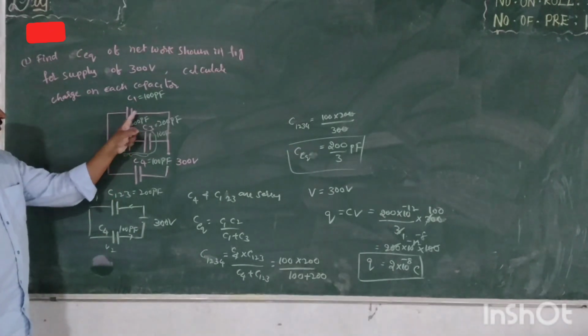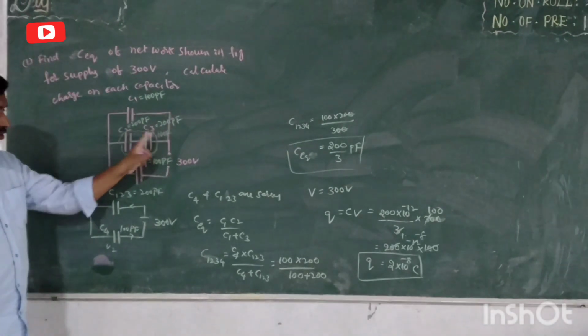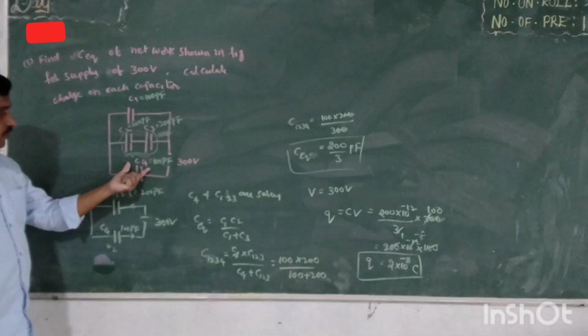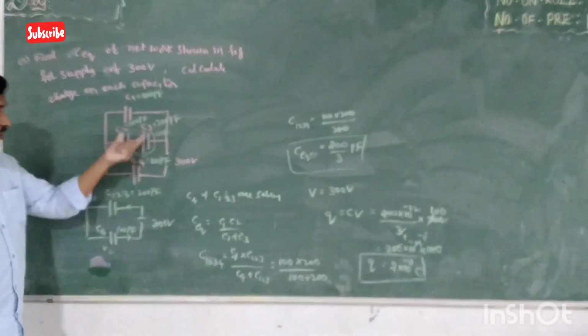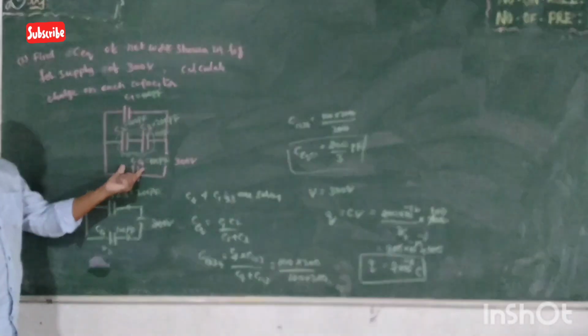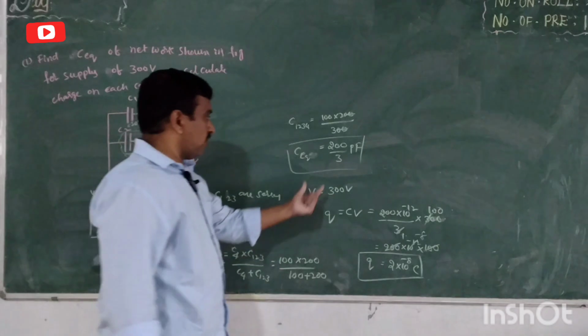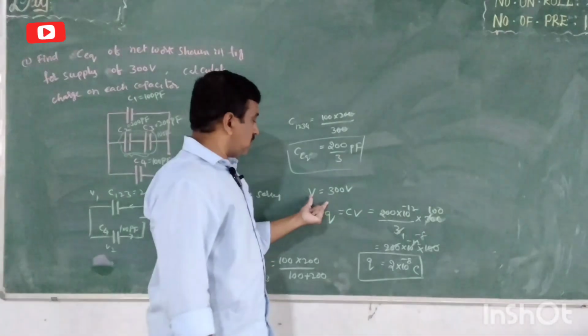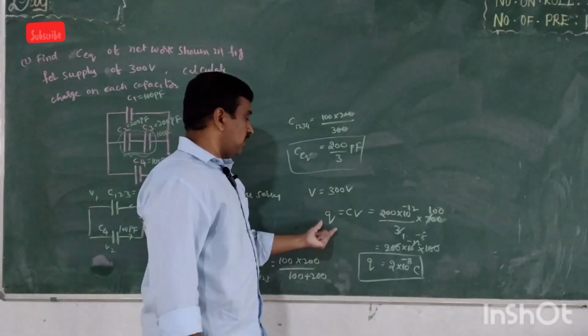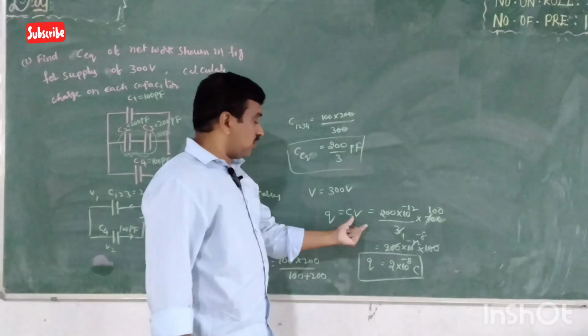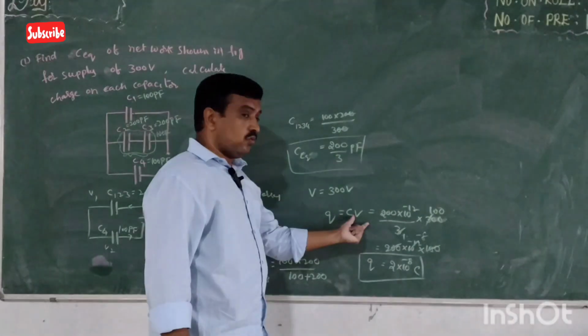For this 100 picofarads and this resultant of 200 picofarads, C4 and this resultant are in series. In that case we get C equivalent equal to 200 by 3 in total. The voltage is 300, so we find the charge. Charge equals CV, capacitance into voltage.